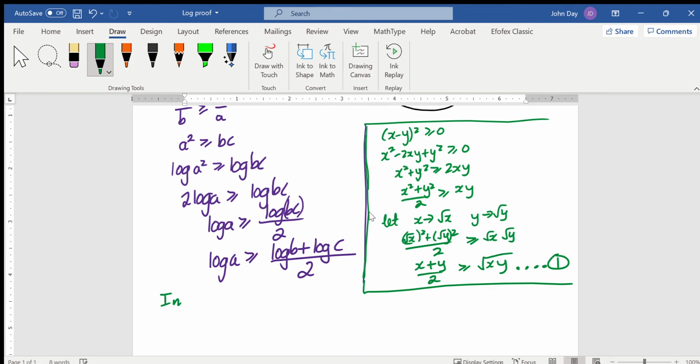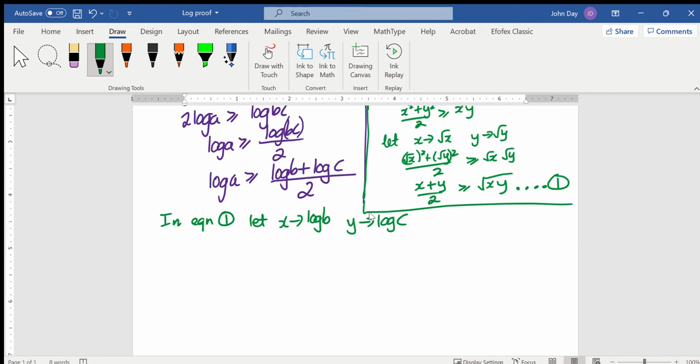In equation 1, let x go to log of b and y go to log of c. We're going to transform in equation 1. So then what do I get? I've got log of a here, and this is log of b plus log of c.